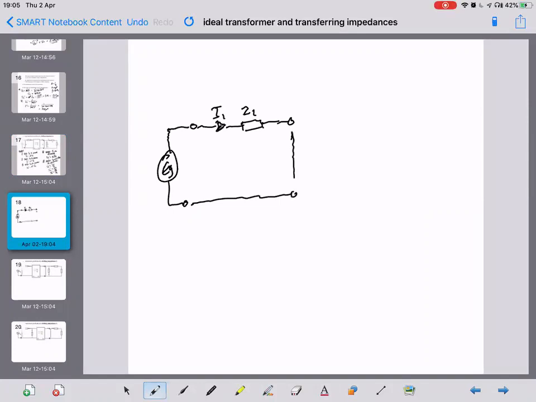So here we've got the value E2 dash that we transferred across, and then there was an impedance there, another one there, and another one there.